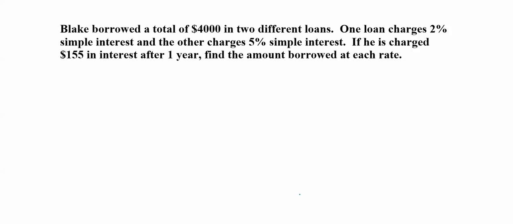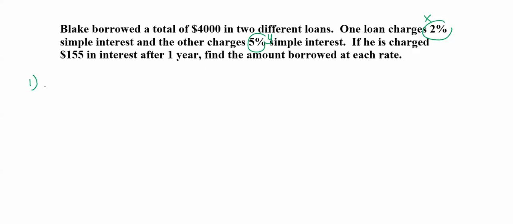If he is charged $155 in interest after 1 year, find the amount borrowed at each rate. So the way that they are labeling these 2 different accounts again is through percentages. So we have x can be the amount loaned at 2% interest, and y can be the amount loaned at the 5%. So you have the 2 different percentages, one is x, one is y.